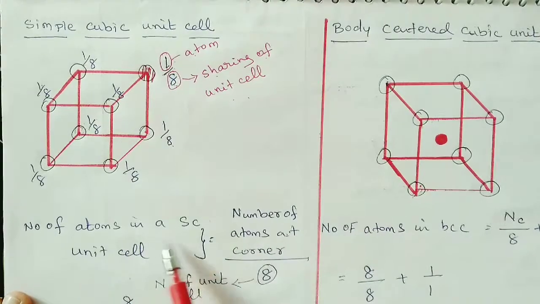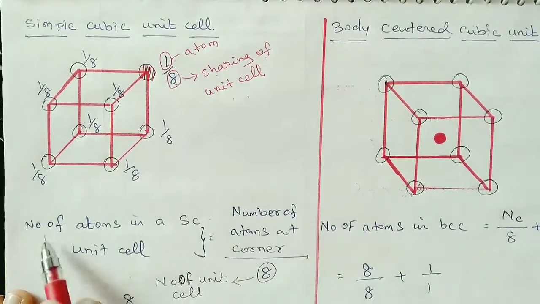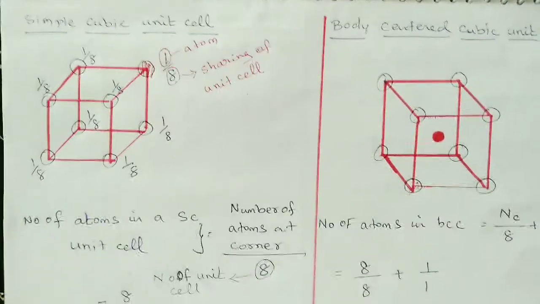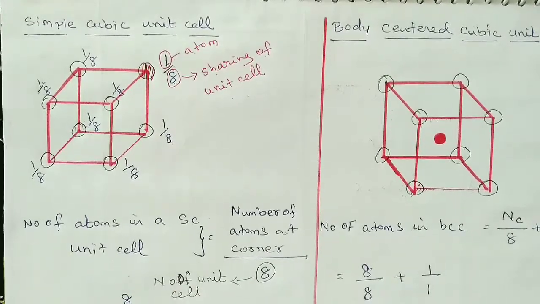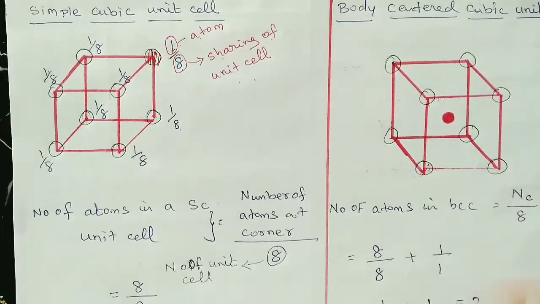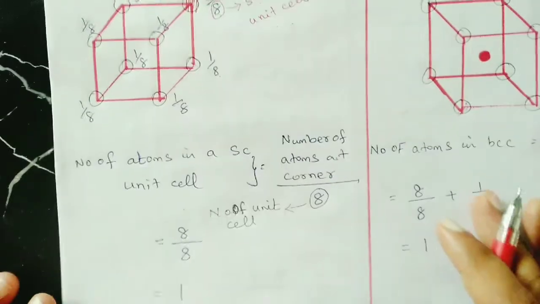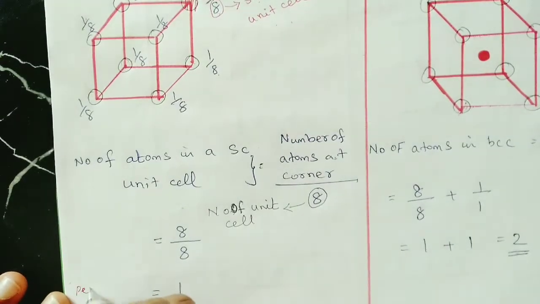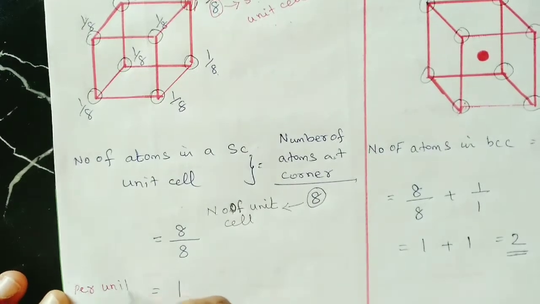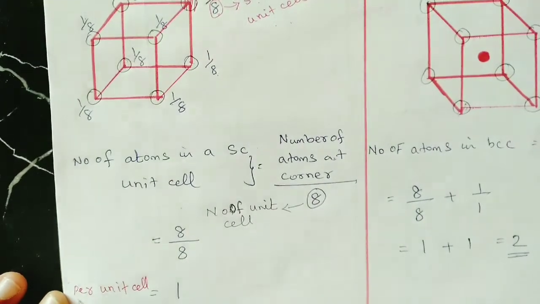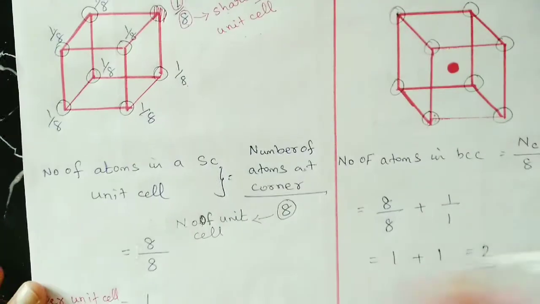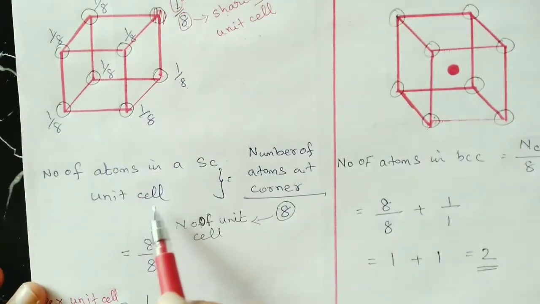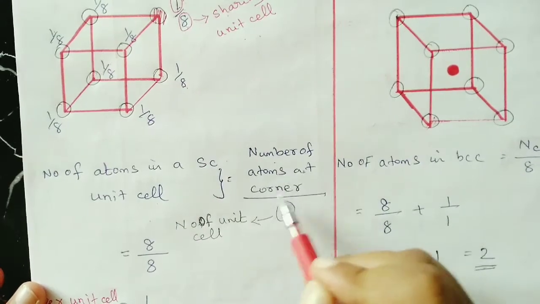Here we are calculating the number of atoms per unit cell. The calculation is based upon the number of atoms per unit cell. It is very important. Per unit cell means for a single unit cell. The number of atoms in the simple cubic unit cell is the number of atoms at the corner divided by 8.